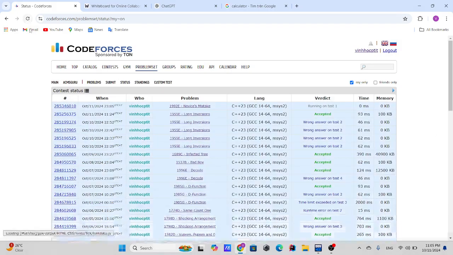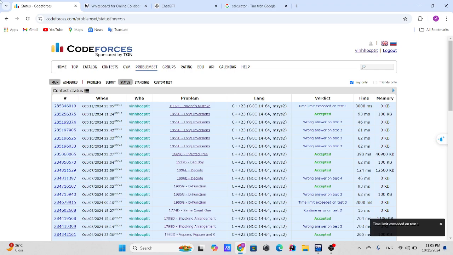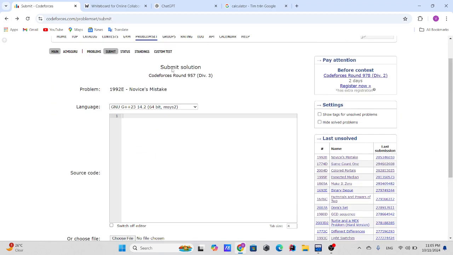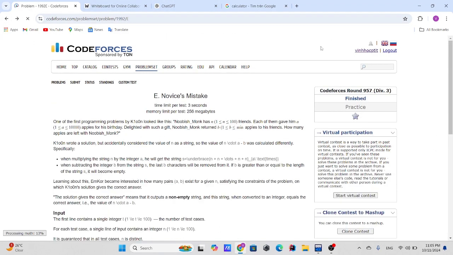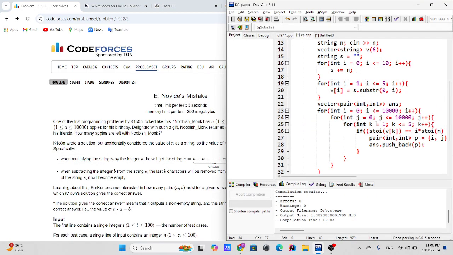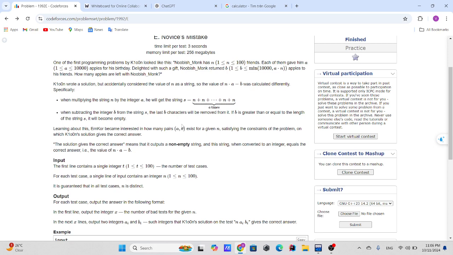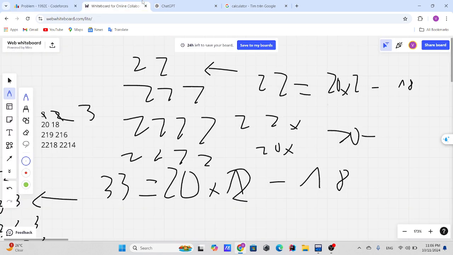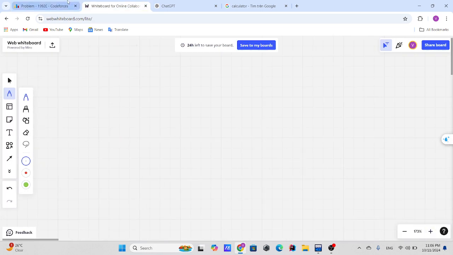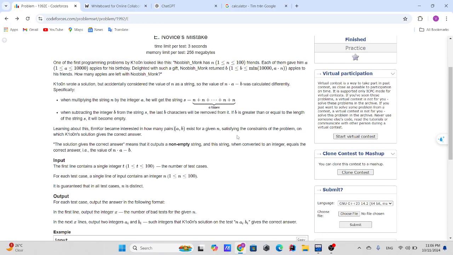So why is it still time limit exceeded? I'm just wondering why.